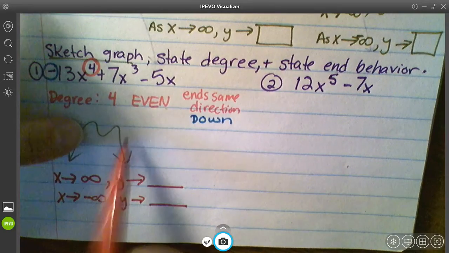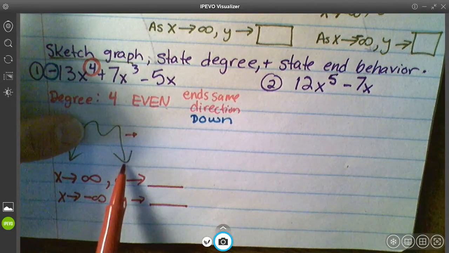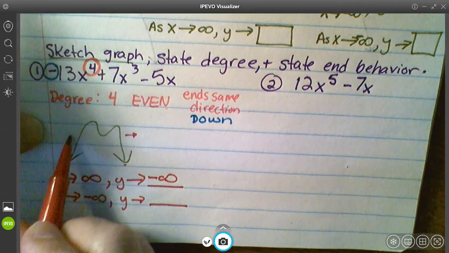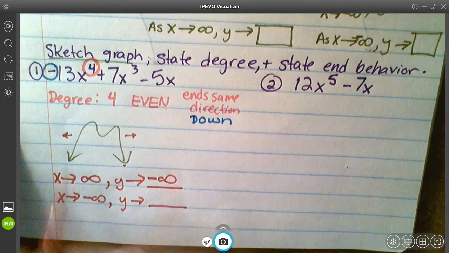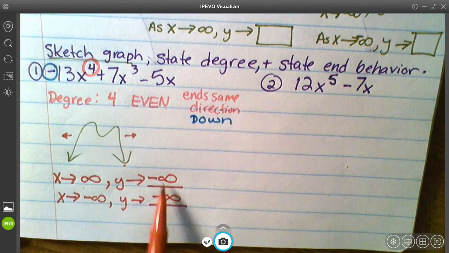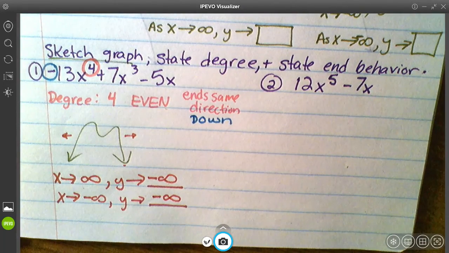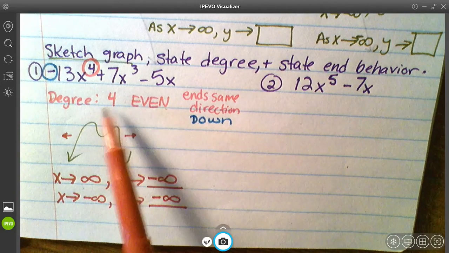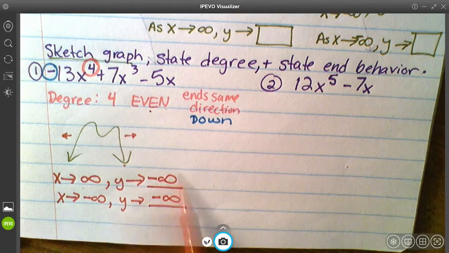As we go to the right, we are going down. And as we go to the left, we are also going down. So both of our ends are going down towards negative infinity. So I have sketched the graph, I have stated the degree is even, and I have written my end behavior there.